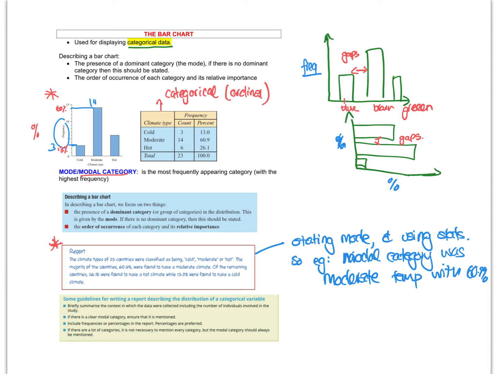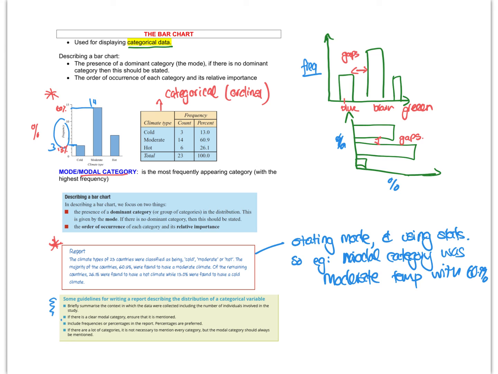Okay, so we've got some guidelines. Briefly summarise, I do accept dot points. Don't worry about all the jibber jabber in between the points. Just dot it out. State if there's a modal category, and if frequency or percentages in the report, percentages are generally preferred. We don't really care what the total is, we just want to know the percentage of what's happening. And if there are a lot of categories, it's not necessary to mention every one.